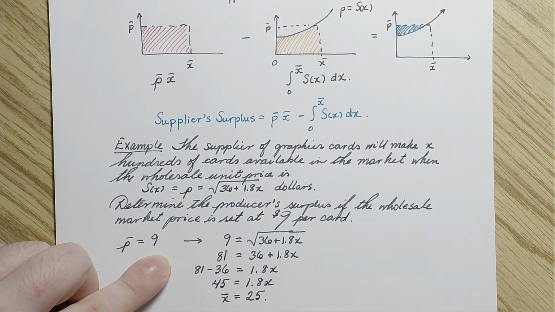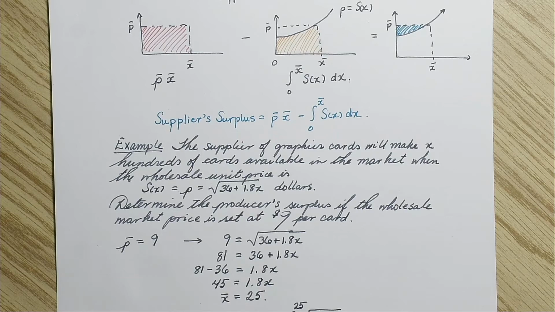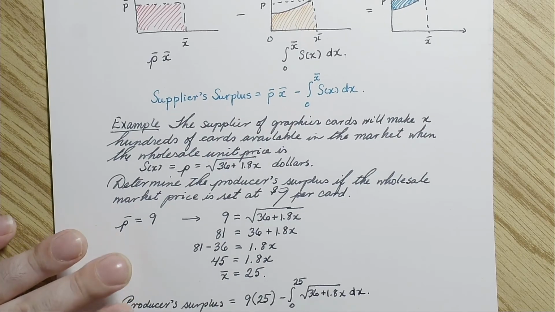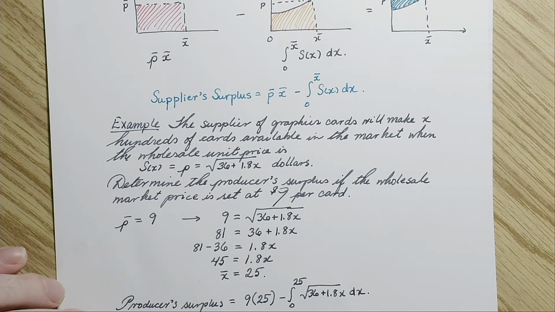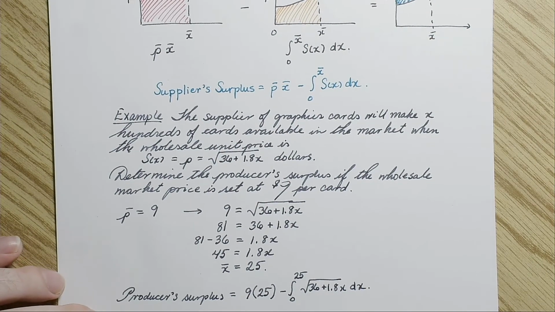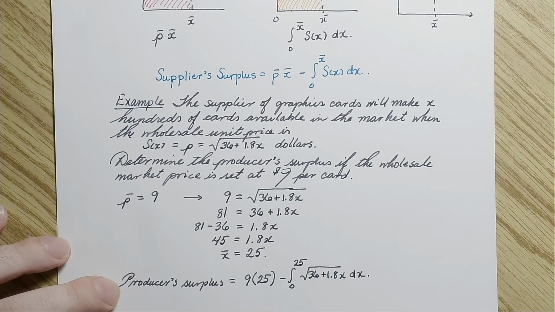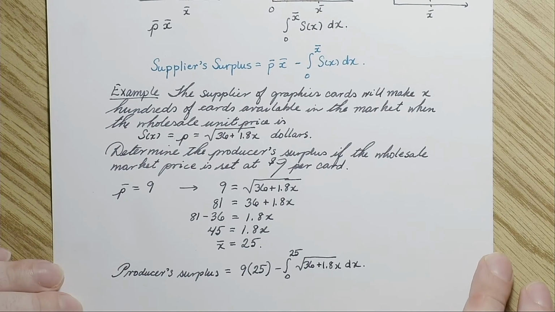And then I need a minus, and now we're going to go from 0 to x bar. In this case, it's from 0 to 25 of the square root of 36 plus 1.8x dx. There it is.